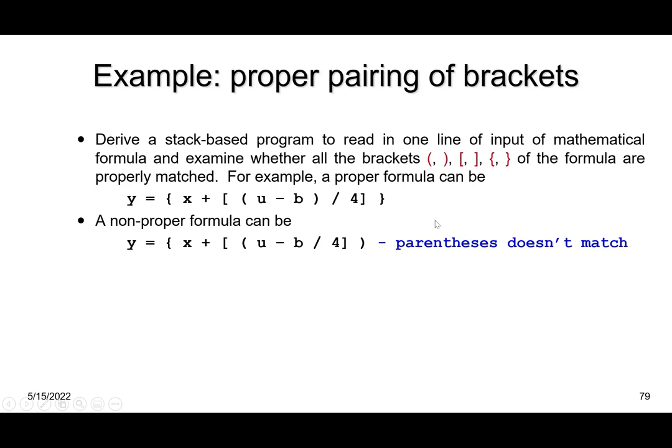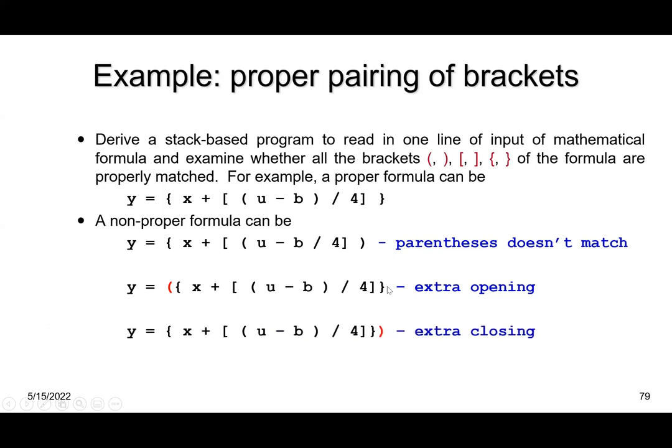Then another way that it doesn't match is when everything matches, but you have 1 extra opening. It means you have 4 opening, but you only have 3 closing. It is also considered not proper, I mean the parentheses don't match, right?